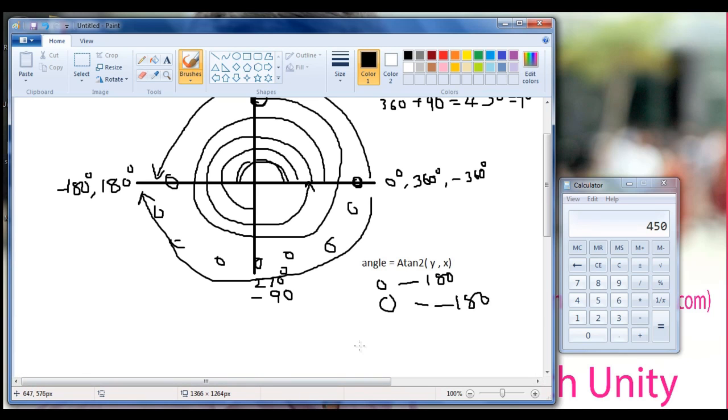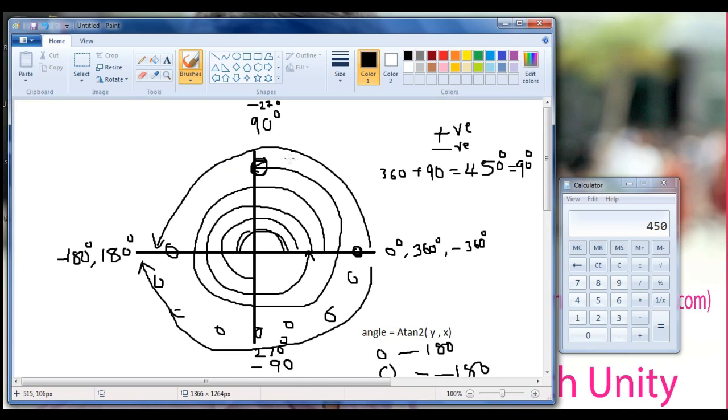So the Atan2 function returns minus pi to pi. Between these values it will return based on which side of the x-axis the object is present.